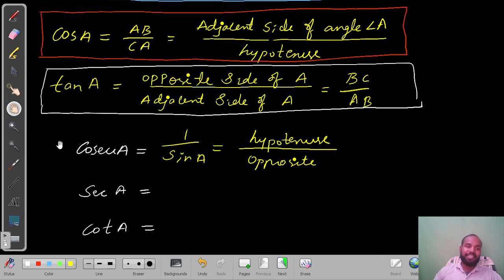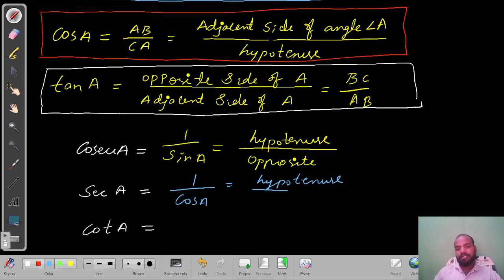Next, what is sec A? Sec A is very easy. 1 by cos A. 1 by cos A is nothing but the reverse of cos A, that is hypotenuse by adjacent.